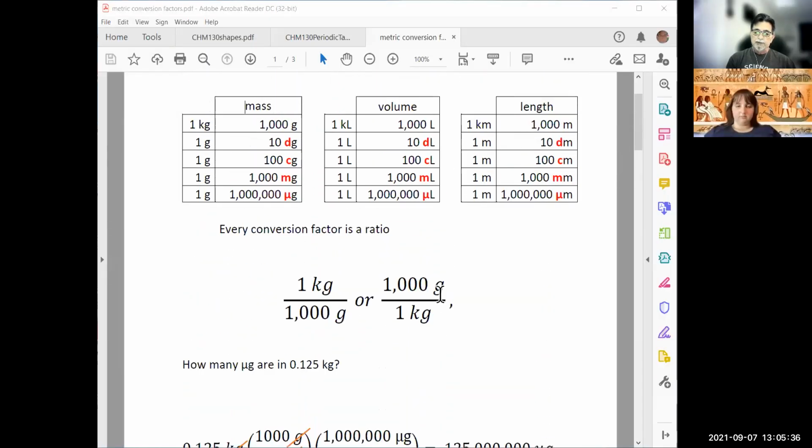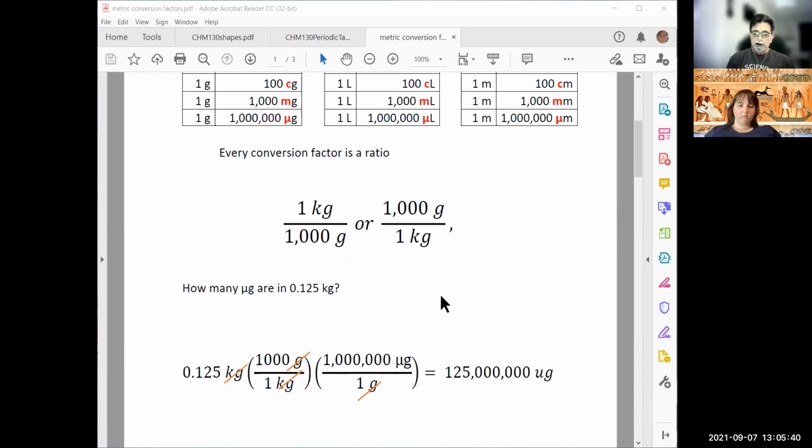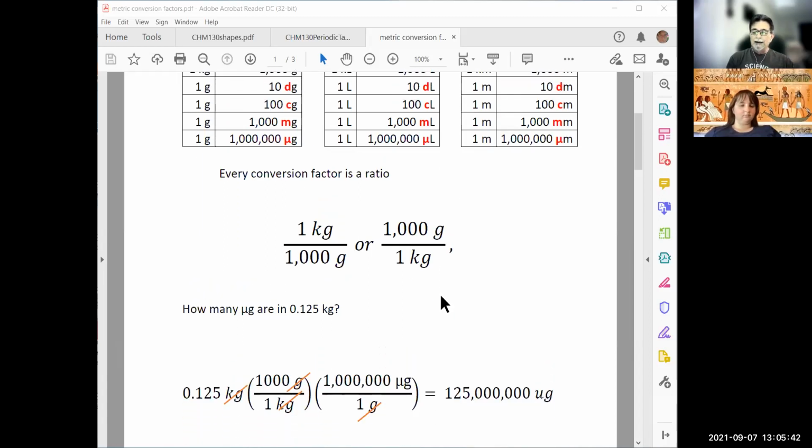Well, I sent everyone this file that was basically talking about the metric units. And we did talk about it a little bit. Now, the key thing about this chapter is we're going to be converting units from one unit to another. And every conversion factor we can set up as a ratio.